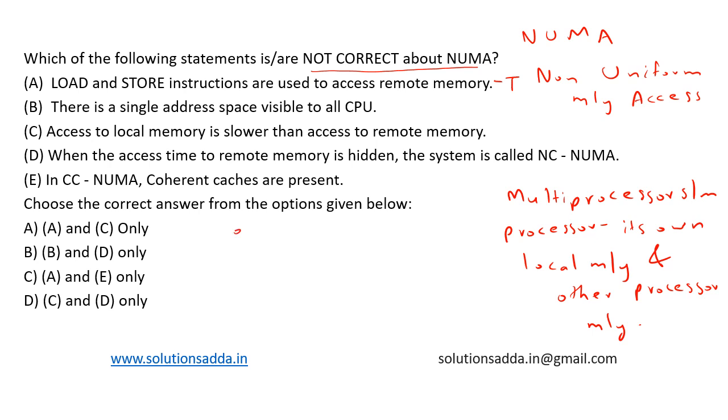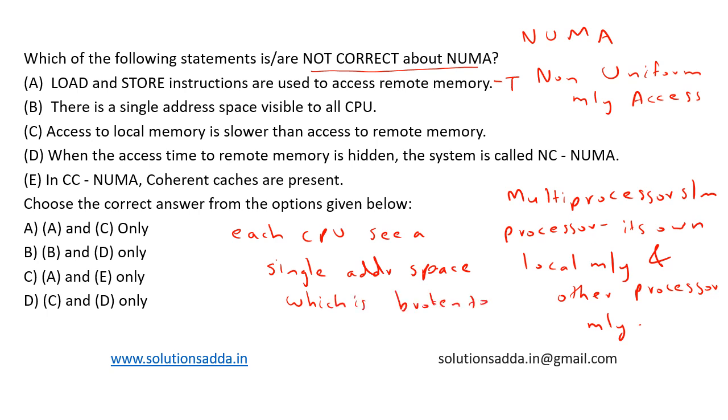So this statement is also correct. Let's see if we can eliminate any of the options. Since A and B are not anywhere together, we cannot eliminate anything as of now.